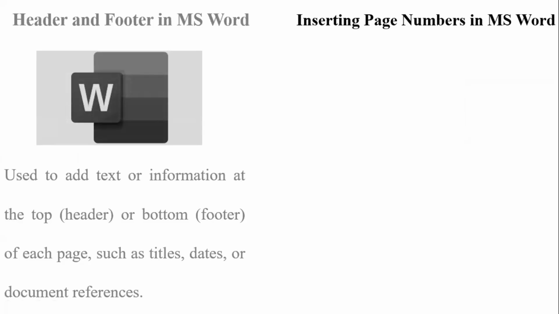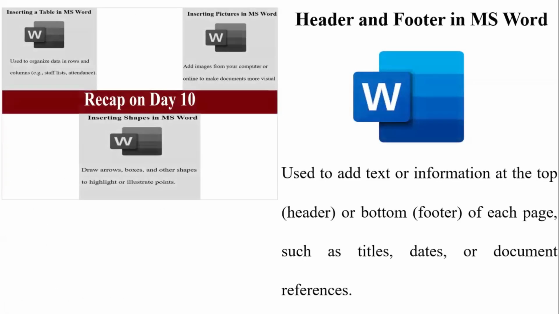Now let me explain a little what a header is all about. A header is the area at the very top of your document. You can notice the headers on your documents. It's at the top of your document page. It's not part of the main body, but normally it reflects across all pages, unless you change the settings.